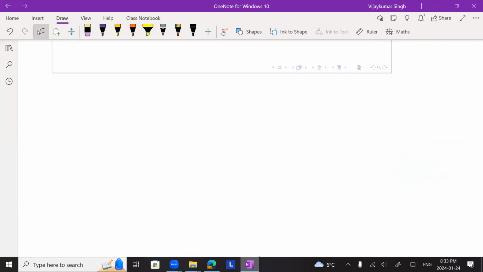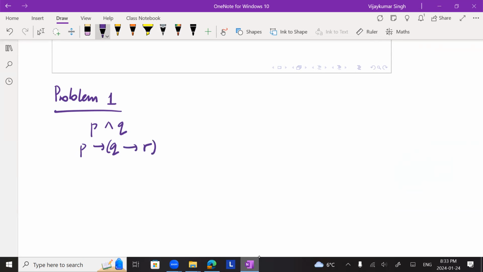Let's do one problem on laws of inference. So here, problem 1. P and Q. P implies Q implies R. Therefore R. Is this statement valid?